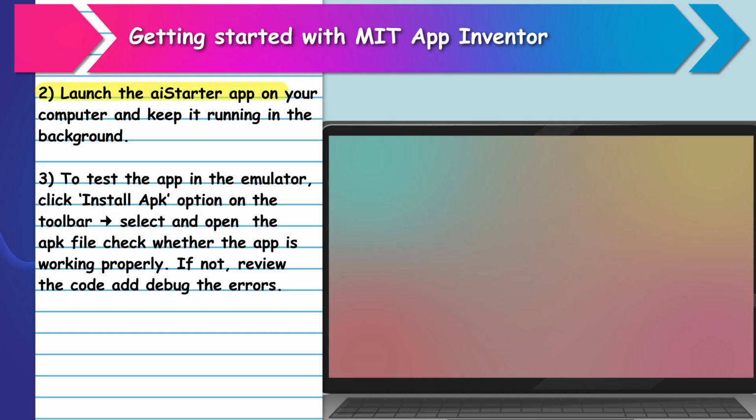Launch the AI Starter app on your computer and keep it running in the background. 3. To test the app in the emulator, click the Install APK option on the toolbar, select and open the APK file, and check whether the app is working properly. If not, review the code and debug the errors.